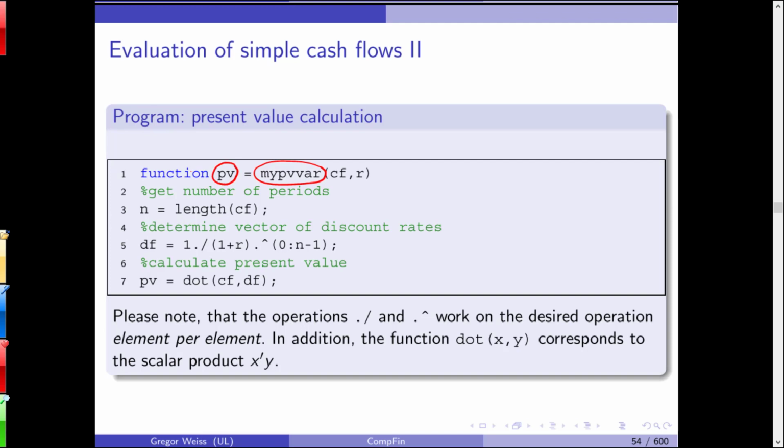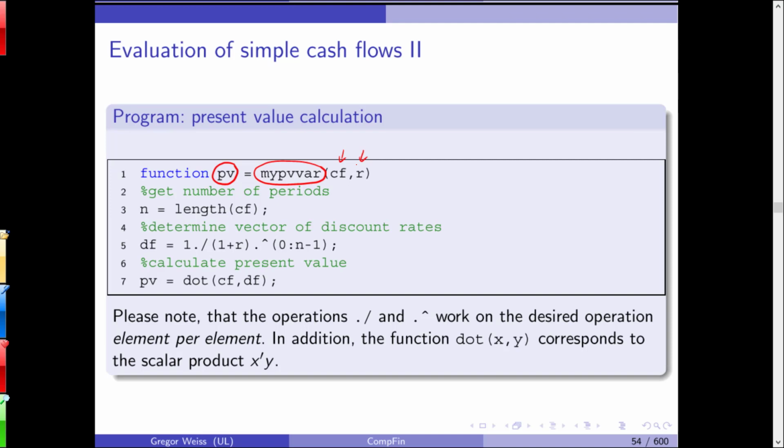So function tells MATLAB that what now follows is the definition of a function. myPVvar is the name of the function. PV is the output variable, and this is the input variable 1, and this is the second input variable. So I'll insert CF and r in the function myPVvar, and as an output I will get PV.